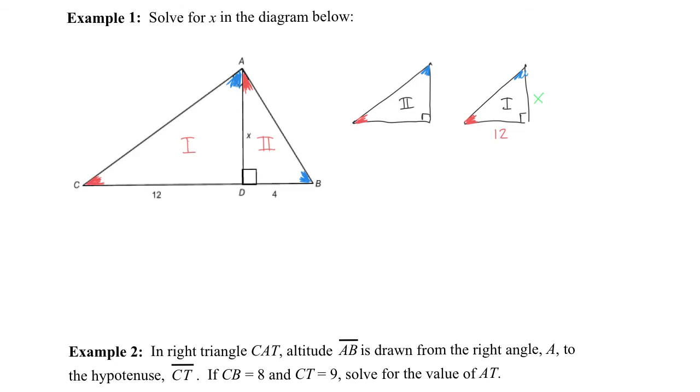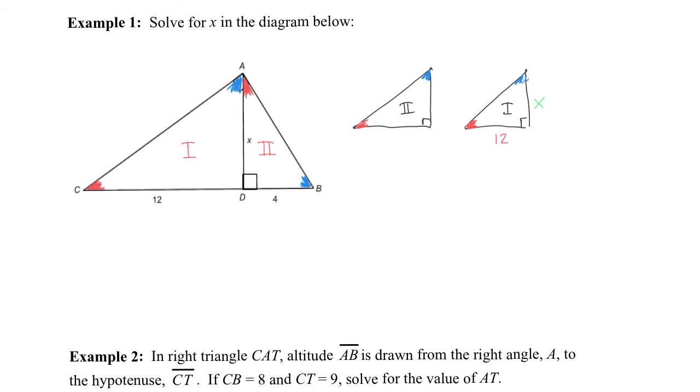So in triangle 1, the 12 appears between the red and the right angle. So now I go to triangle 2, and if I look between the red and the right angle, that's x. So that goes there. In triangle 1, the x appears between the blue and the right angle. So between the blue and the right angle in triangle 2 is 4. So I'm going to label this as 4.